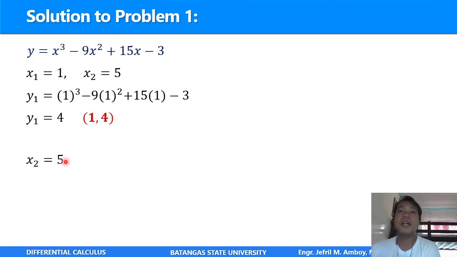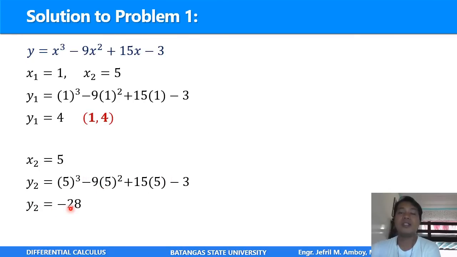That becomes 5 cubed minus 9 times 5 squared plus 15 times 5 minus 3. So, this is what you will now solve. If you get a calculator and evaluate this expression, the value of y is negative 28. So, now we are able to obtain the point 5, negative 28.